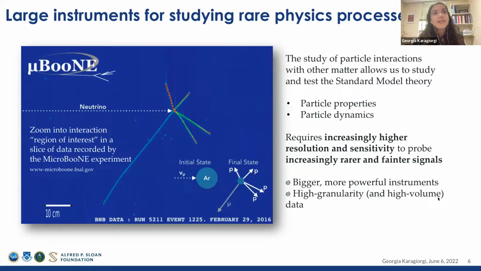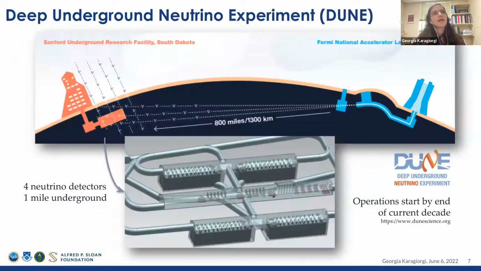To do that, we have to build bigger, typically, and more powerful instruments with higher granularity. And this inevitably leads to a much higher volume of data generated from detectors, which we then have to process and sift through in order to study the events that we care about.